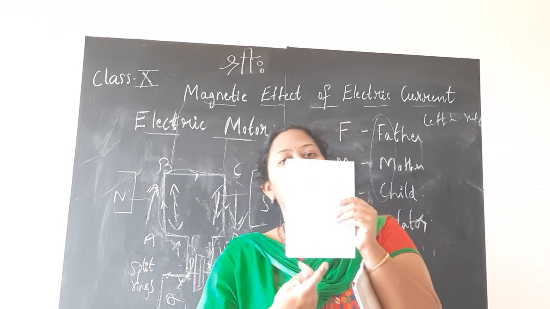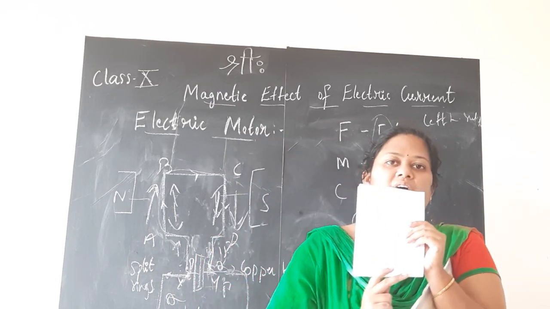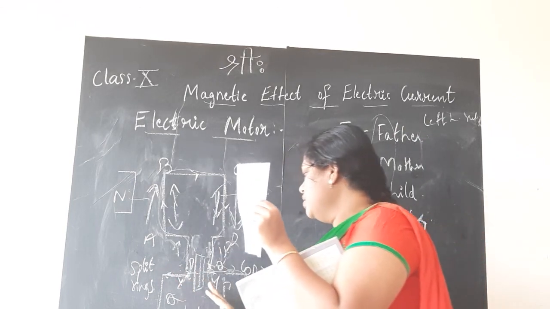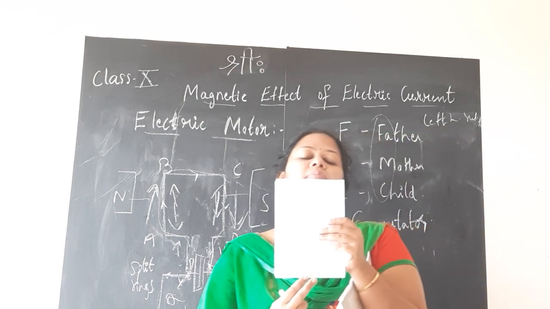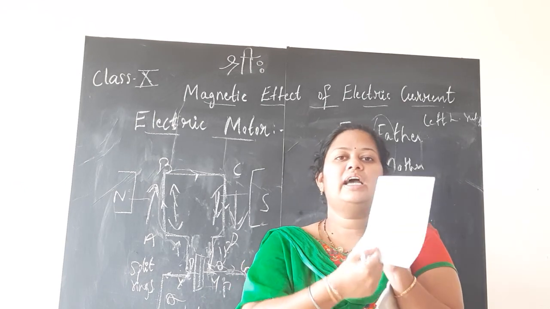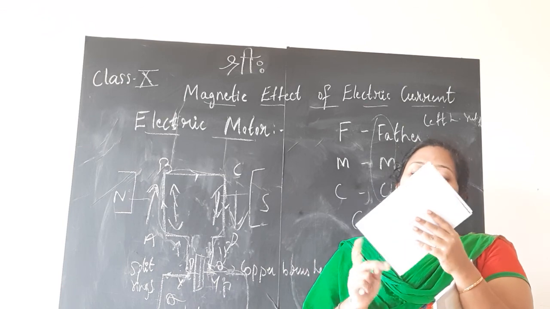So according to that, along with the axle and the blades, the split rings also rotated. And in contact with the brush, AB now comes towards copper brush Y, P part came and Q part came near the copper brush X. That is what happened. So here is what helps the rotation of this motor, children.